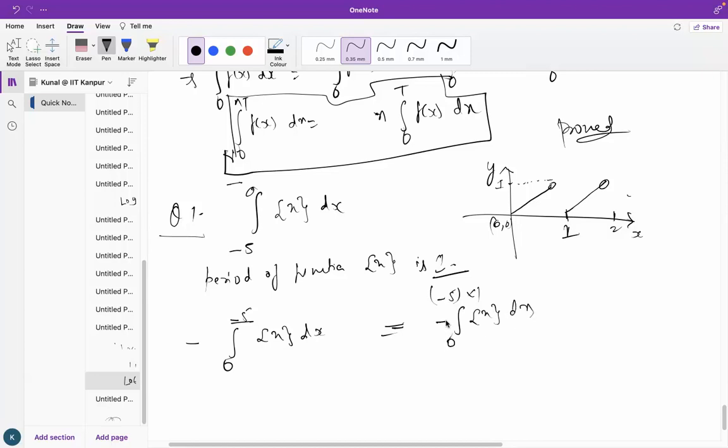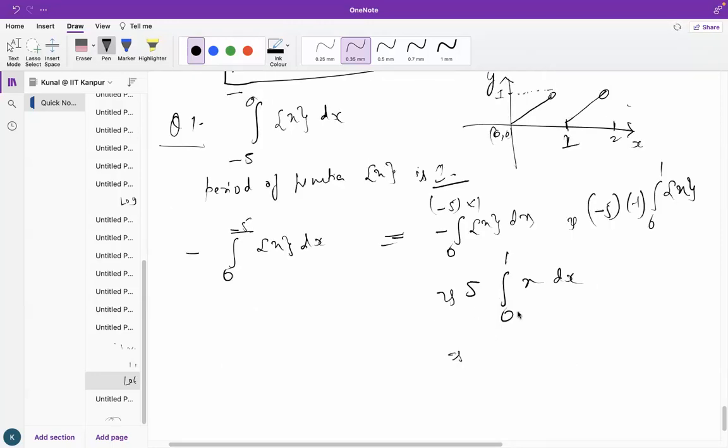When x varies from 0 to 1, the fractional part is just x. So we get 5 times the integral from 0 to 1 of x dx.